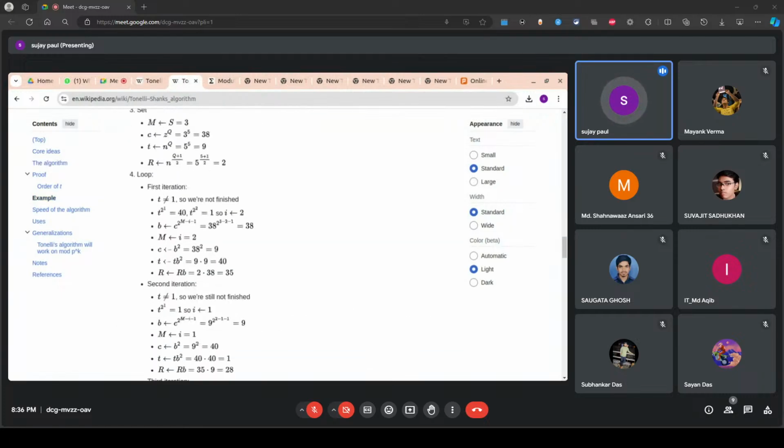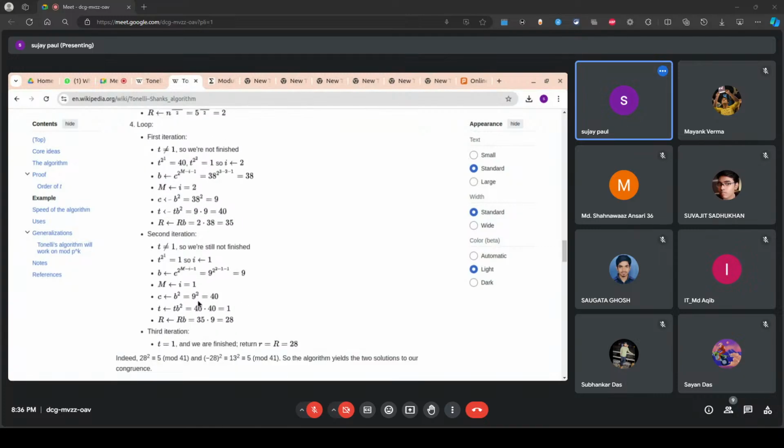I know it will be a little bit difficult to understand, but when you do the sum on your paper with a pen, you will gradually understand. So I have got the value of all those variables. Now I will go for the second iteration. Again, I have got t equal to 40, so not equal to 1.